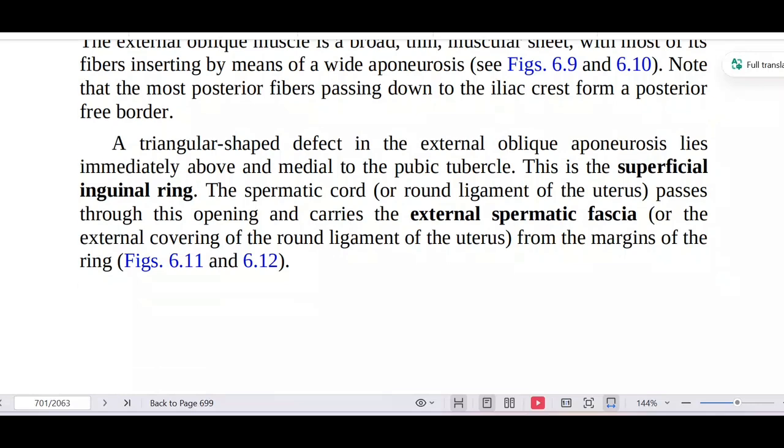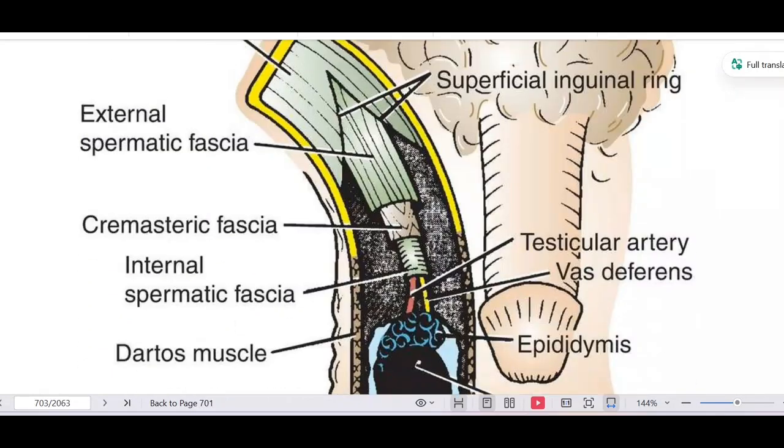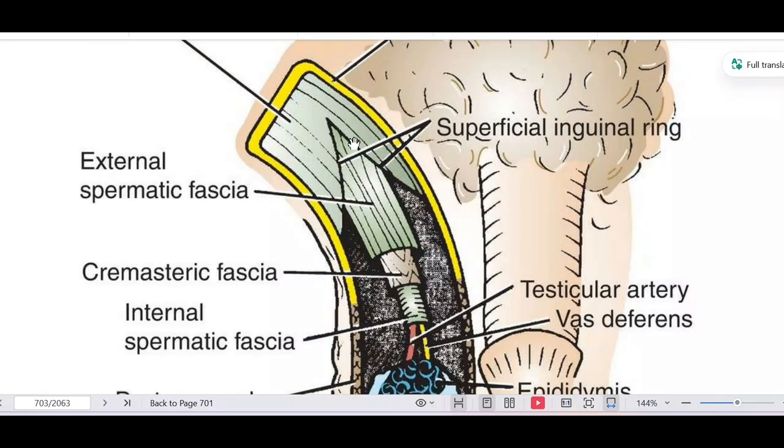Okay, now let's move ahead. Here in this big diagram, the spermatic cord is shown, and this triangular defect is the superficial inguinal ring. This cord, which carries the arteries and the vas deferens, is called the spermatic cord.